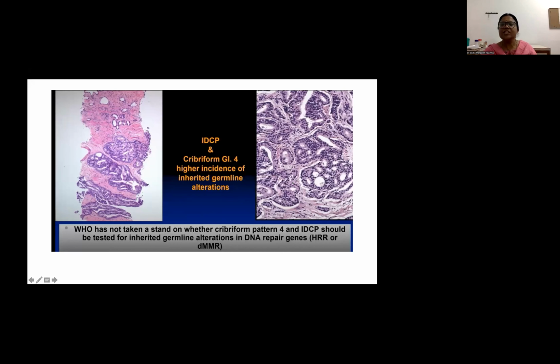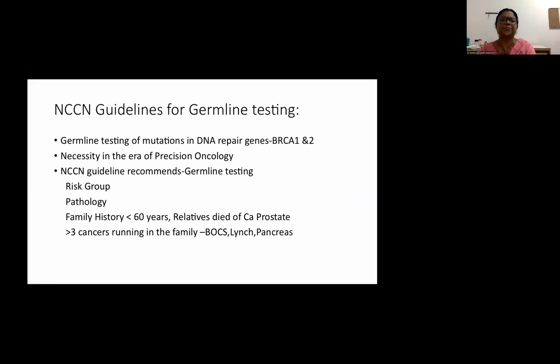Here again, you're seeing a fused glandular pattern, but definitely with lots of holes. When a tumor shows a cribriform pattern, again, it warrants a germline analysis for BRCA, and also mismatch repair gene evaluation. So this is an update which is brought up in the 2022 WHO classification.